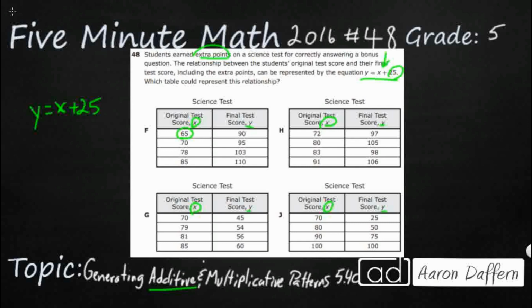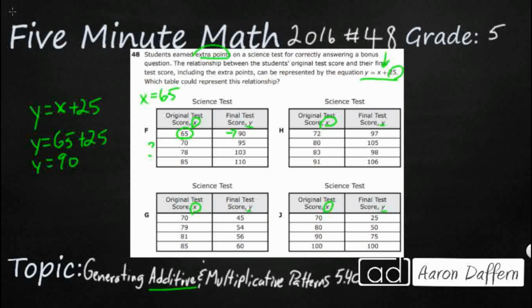So we're going to say x equals 65, because I'm pulling that from the first row of the table. So I'm going to say y equals, instead of that x, I'm going to write 65 plus 25. We're going to add 60 and 20, that makes 80. 5 and 5 make 90. So y equals 90, which is what they say, so that's a possibility. So I'm just going to question mark this one.